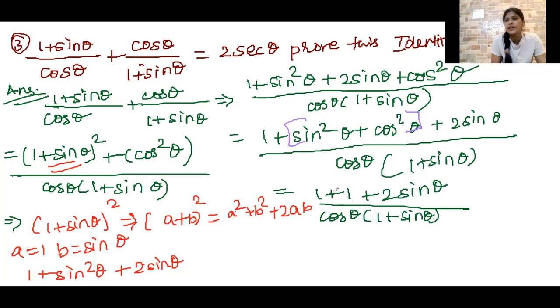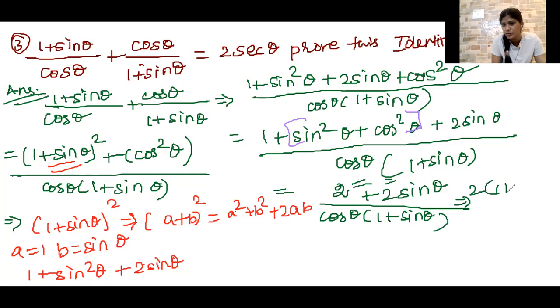And 1 plus 1 can be simplified as 2. If you look at this step, you do have 2 in both the expressions, so you can take 2 as common.